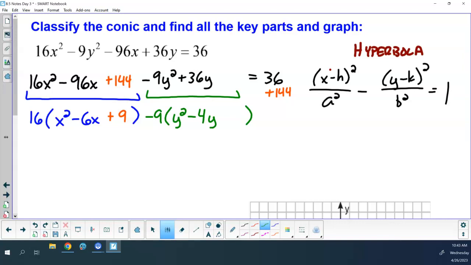See it? Okay. So negative 4 divided by 2 is negative 2, squared is positive 4. But really, with the purple, what am I adding to the left side? Negative 36.